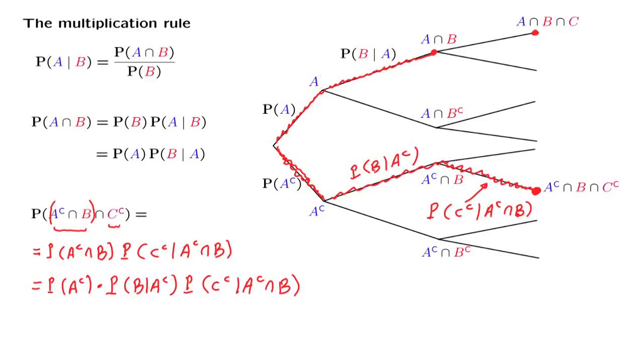In other words, we can calculate the probability of a leaf by just multiplying the probabilities of the different branches involved, where we use conditional probabilities for the intermediate branches.